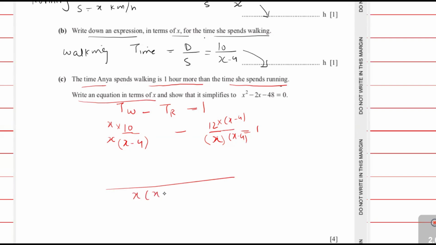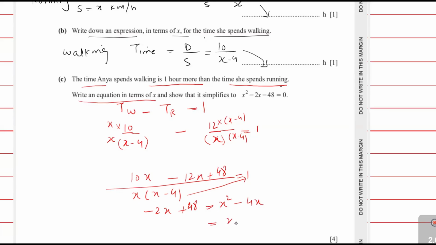We can write x times x minus 4 as the denominator, and the numerator is 10x minus 12x plus 48, equal to 1. Now we can write this as minus 2x plus 48 equals 1 times x minus 4, which gives x squared minus 4x.